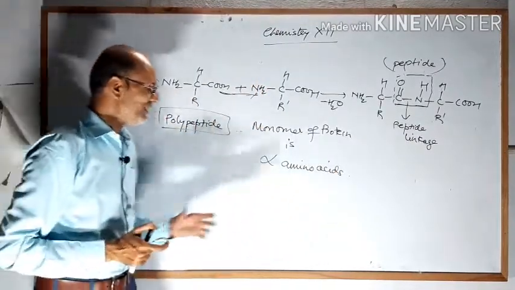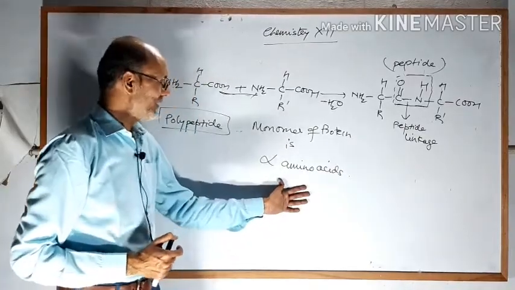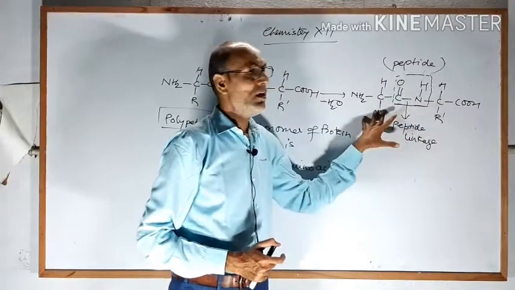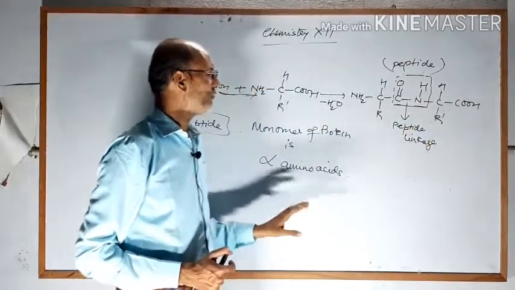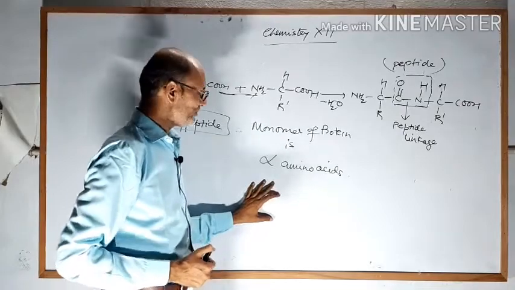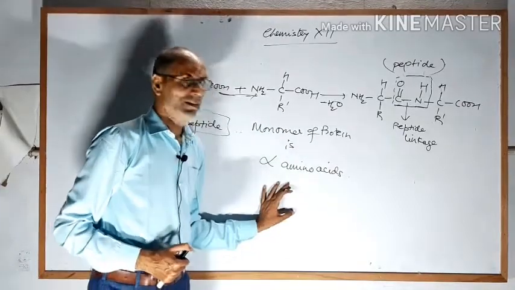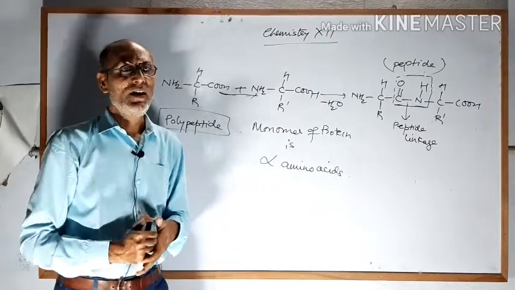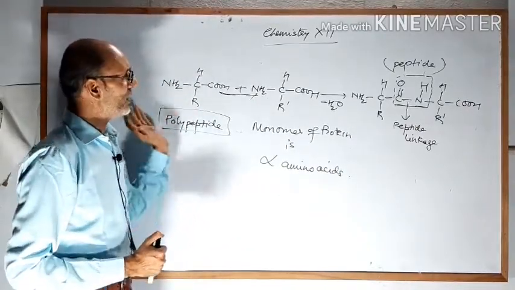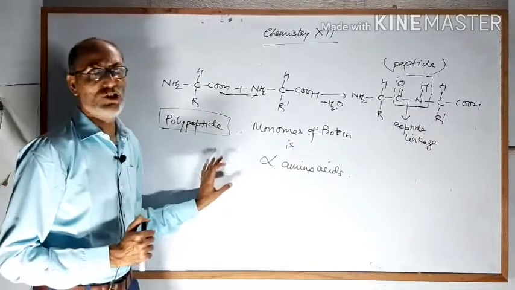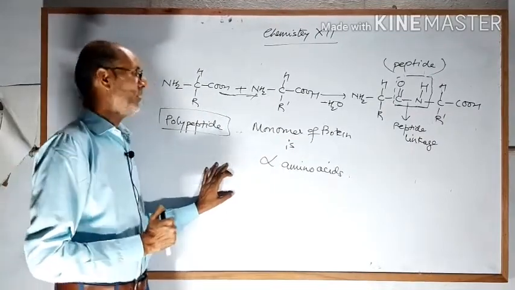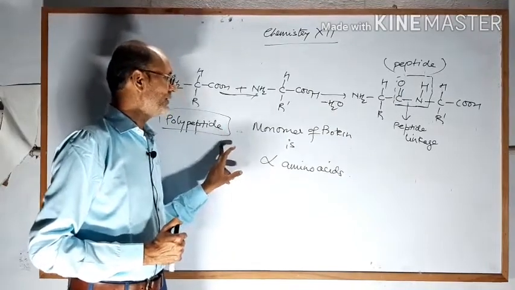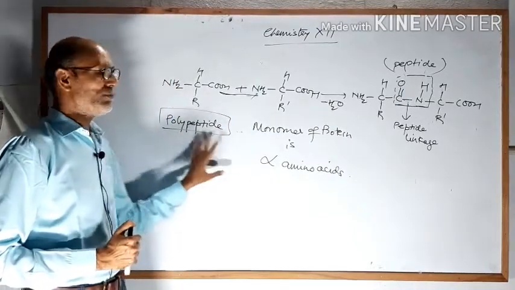As you know, there are so many types of amino acids, so it is not compulsory to take only one type of amino acid. You can take different types of amino acids for the preparation of protein. Suppose you want to make a good protein, you have to take 10 essential amino acids and they condense into a long chain that will be called the best protein for the human body. So dear student, there is nothing different between polypeptide and protein.